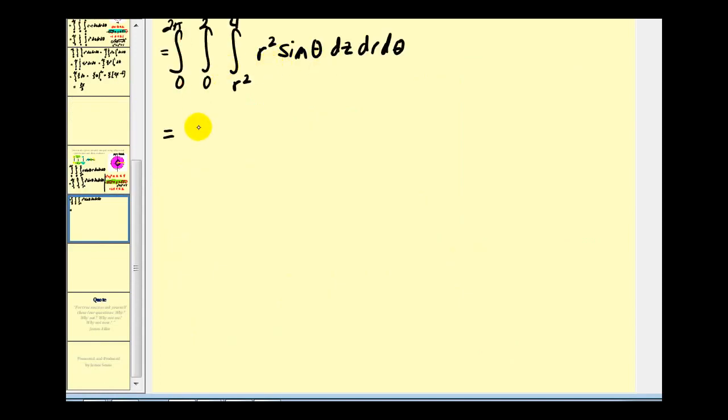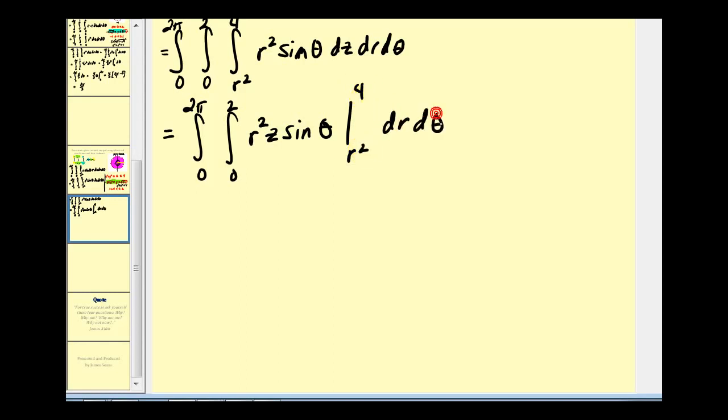Integrating with respect to z, we're going to have r squared z sine theta. Now we'll replace z with 4 and then z with r squared. So we'll have 4r squared sine theta minus r to the 4th sine theta.